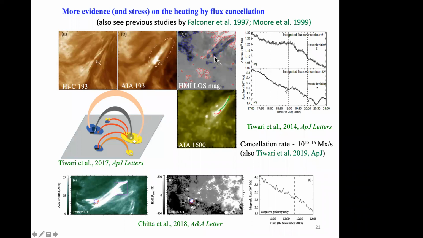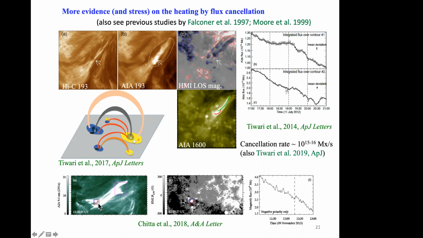We have found in the past that flux cancellation transiently made bright loops, and there was interaction between these erupting loops with the overlying braided structures, and many subflares were formed. A flux cancellation rate of 10^15 Maxwell per second was observed.